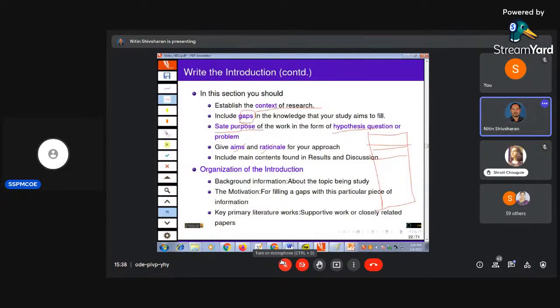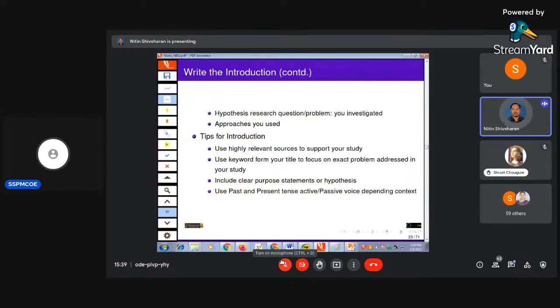The first paragraph should consist of background information, then the second paragraph motivation, then key primary literature works. We collected different types of information, but how to organize them into this section? We should maintain the logical flow also.